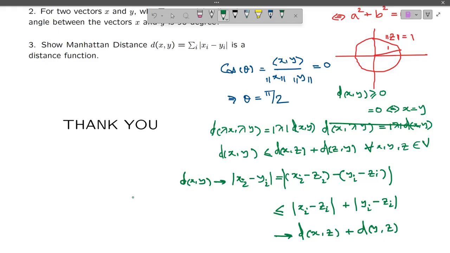So the triangular inequality holds, so the Manhattan distance is a well-defined distance.